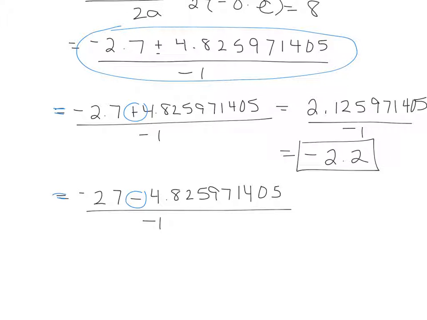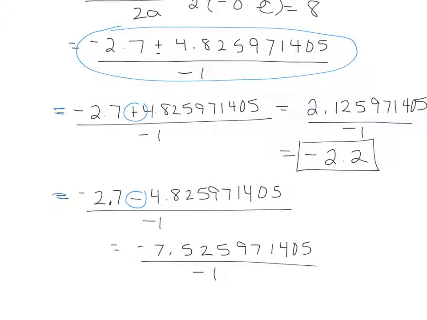Now our second answer is found by subtracting these two values and then dividing by negative 1. So negative 2.7 minus 4.825971405 gives us a value of negative 7.525971405.